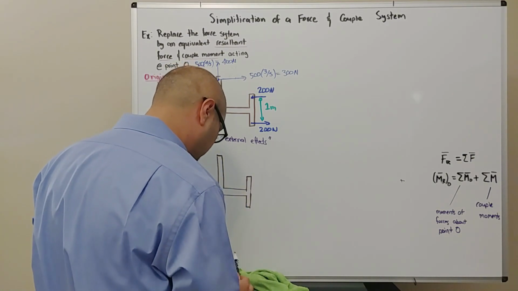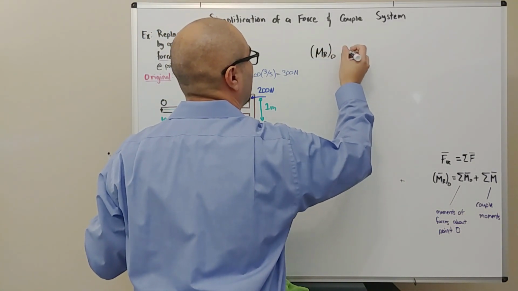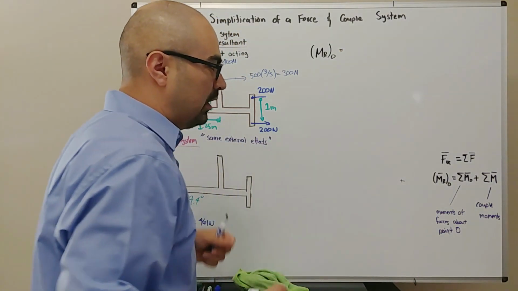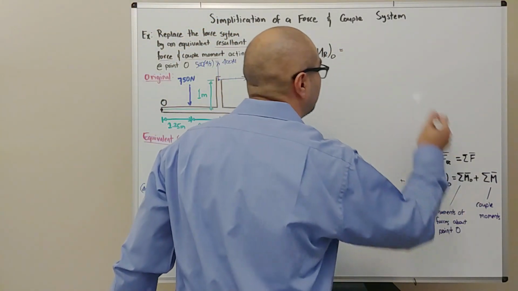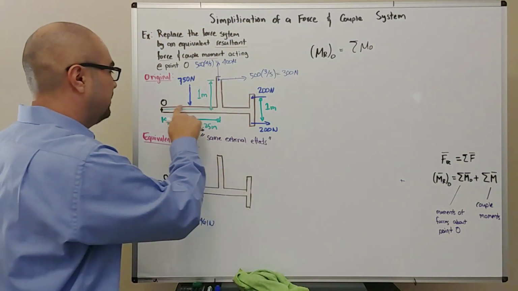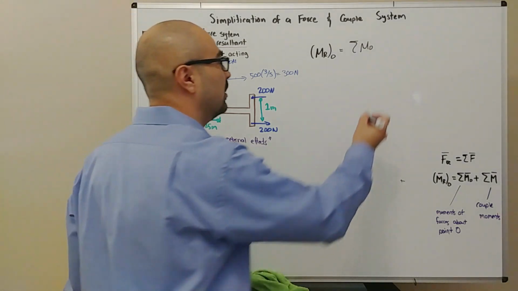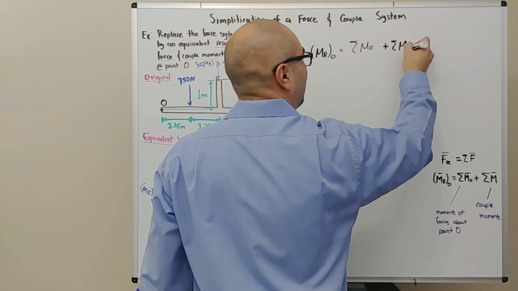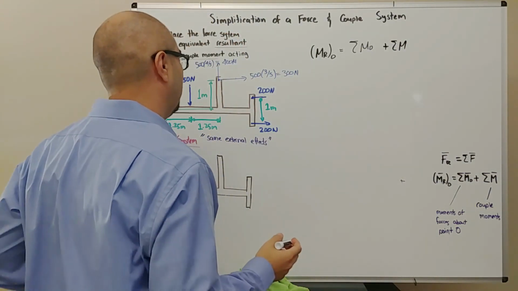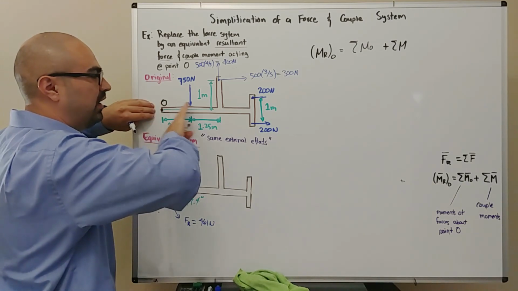The resultant moment about point O is going to be the sum of the moments of any force that does not cross through O, it can create a tendency to rotate, plus any existing couples.